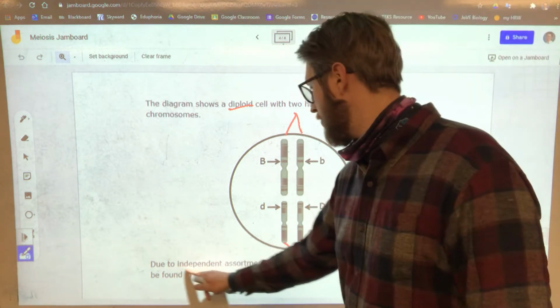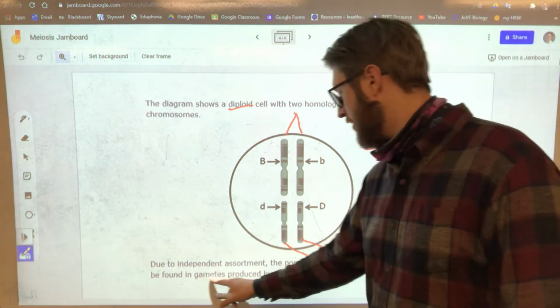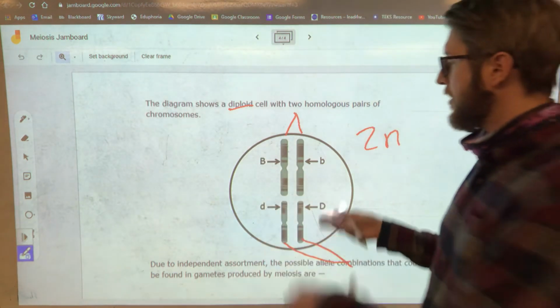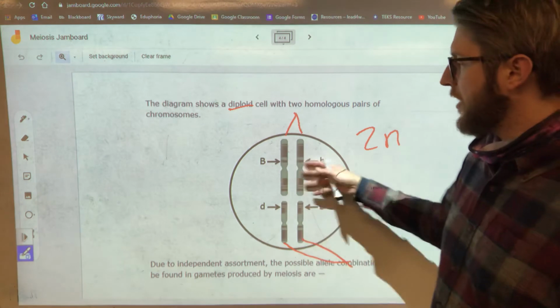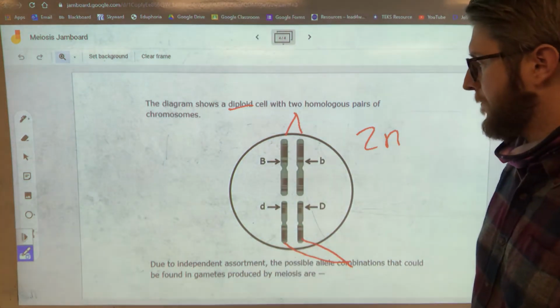It says, due to independent assortment, the possible allele combinations that could be found in gametes produced by meiosis are... So what we're saying is if this DNA here were to go through meiosis, what could be the end result?